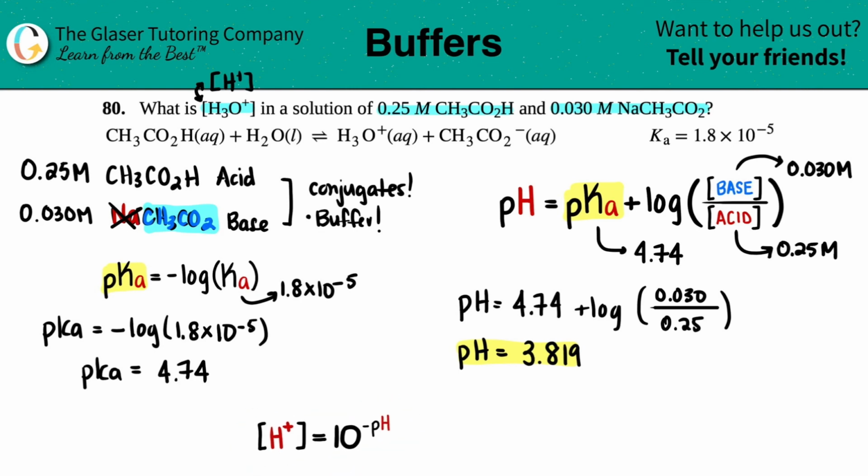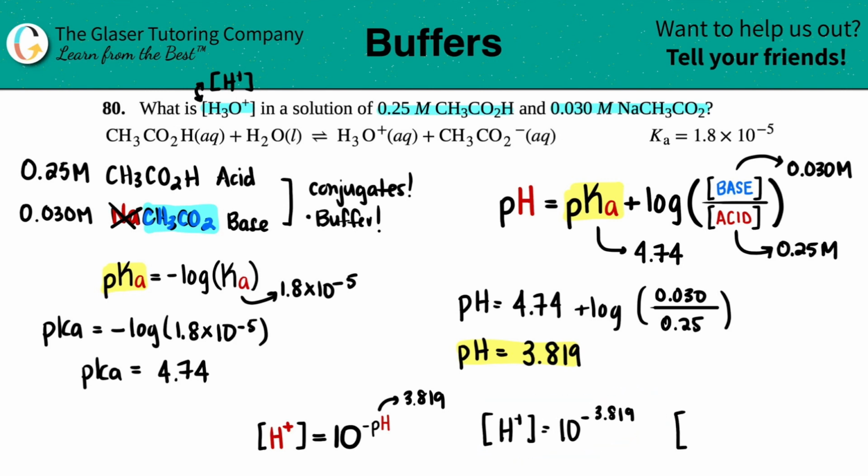We just found the pH, and the pH is 3.819. So I can say that H+ is 10 to the negative 3.819.